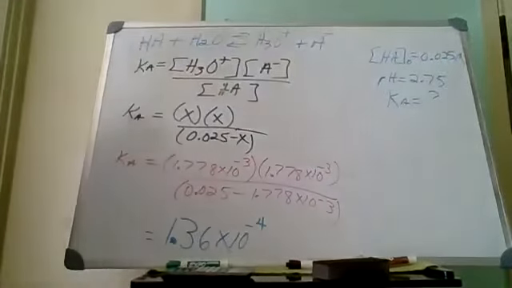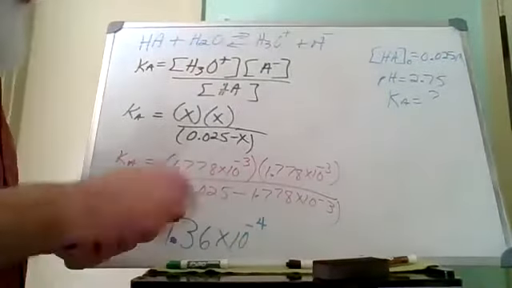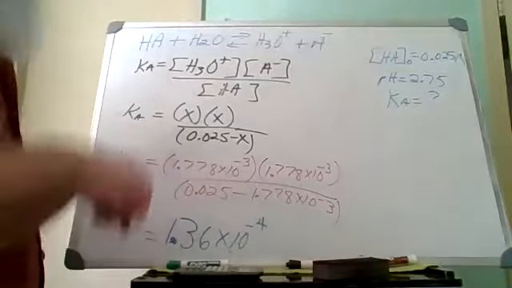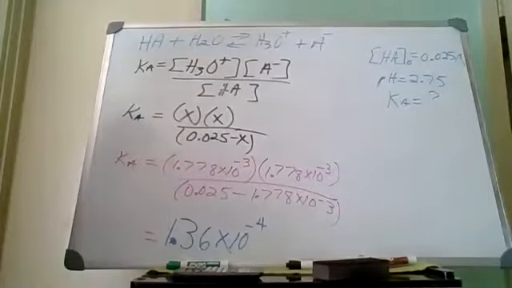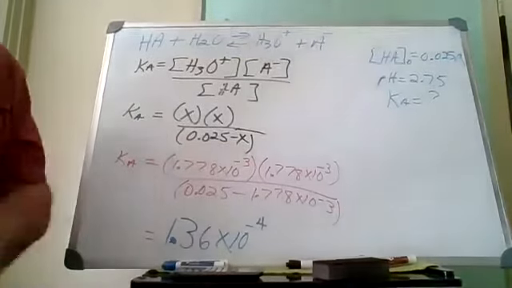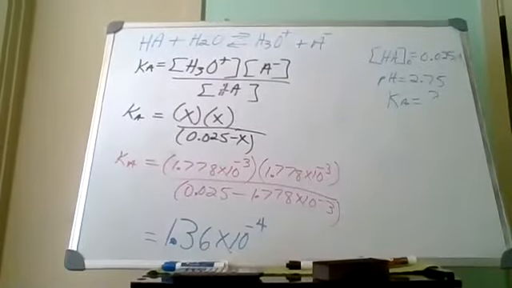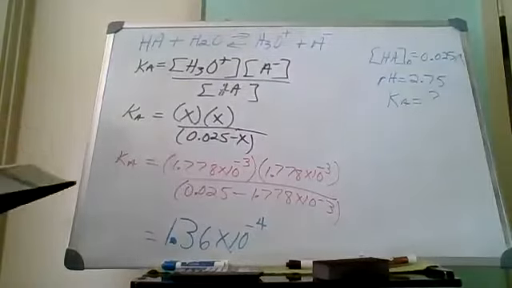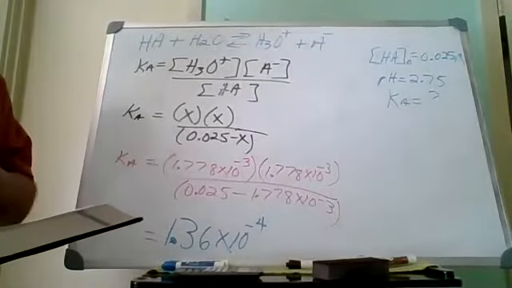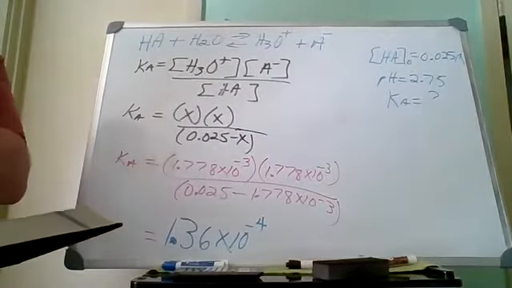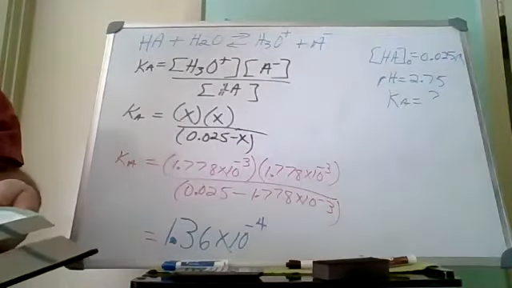So now I'm going to put that into memory there. So there's my Ka. Did anybody check it? There's actually a table of acid dissociation constants on the next page, but unfortunately, lactic acid is not one of them.